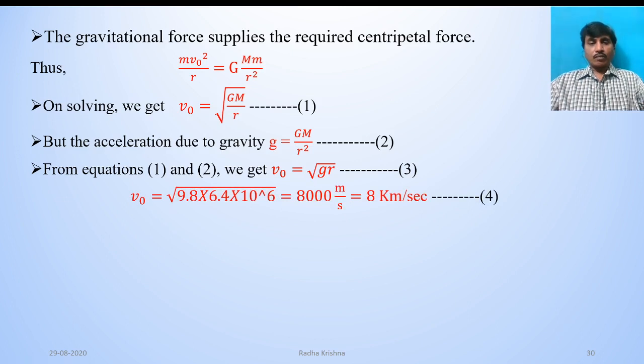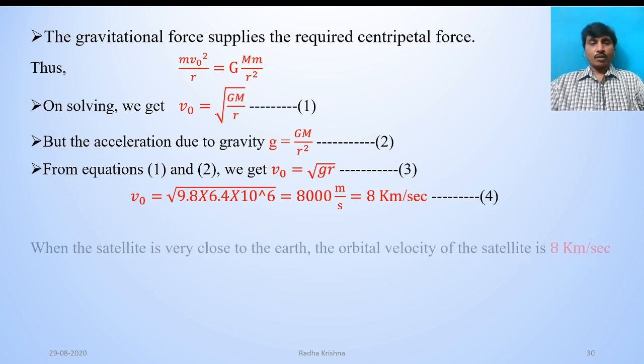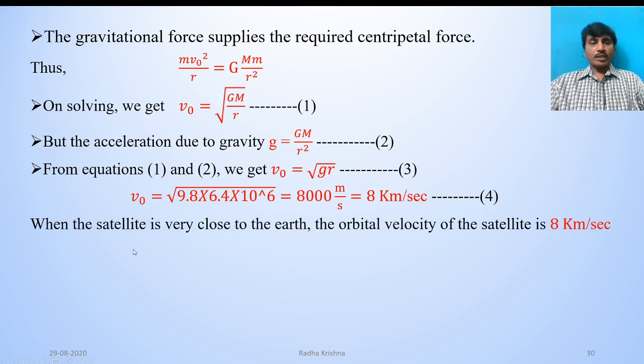On substituting the value of g and small r, we get v0 is equal to square root of 9.8 into 6.4 into 10 to the power of 6, that is equal to 8000 meters per second, that is equal to 8 kilometers per second. That is equation 4. That means when the satellite is very close to the Earth, the orbital velocity of the satellite is 8 kilometers per second.